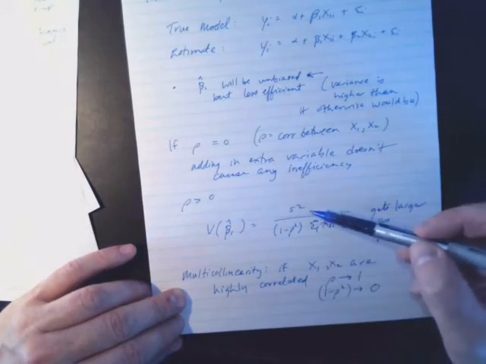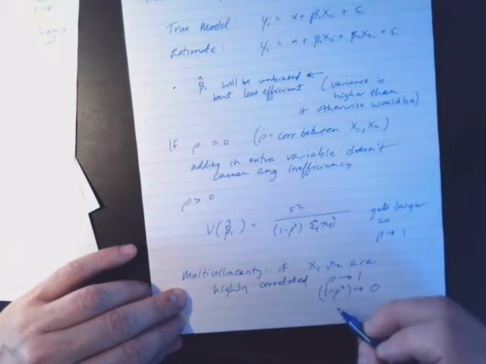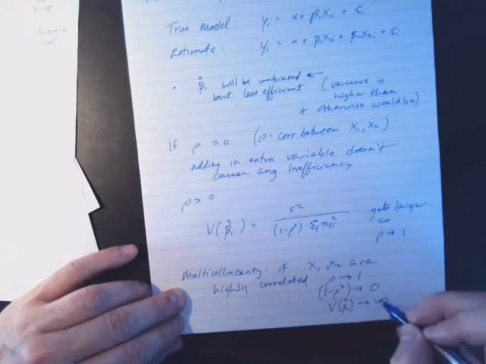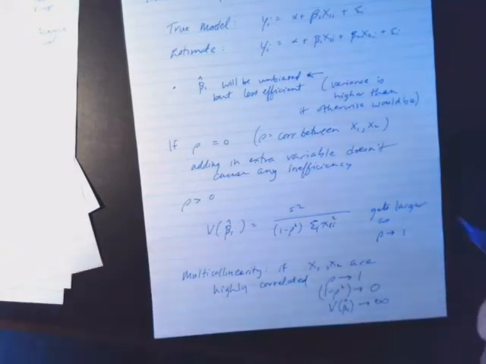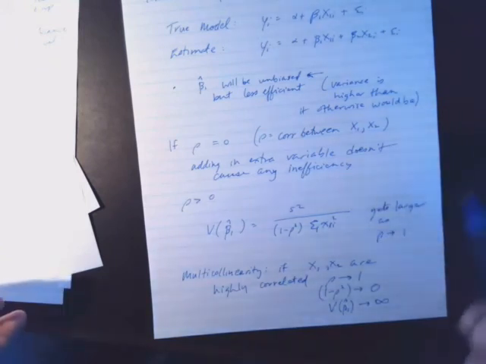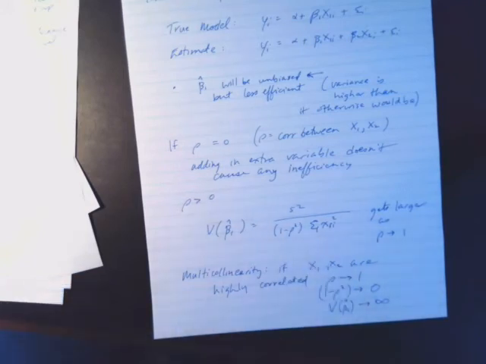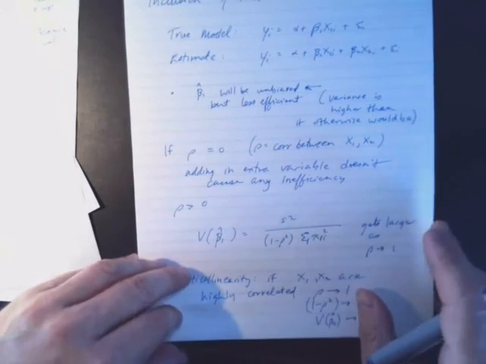And so you get towards dividing by a very small number, and that means your variance is going to head off to infinity. If x1 and x2 were perfectly correlated, this term would be 0 and the variance would be infinitely large. The way you can think about that is that if x1 and x2 are very highly correlated, they're both giving you the same information.